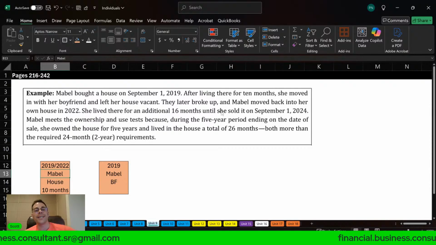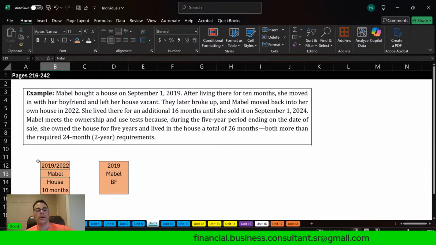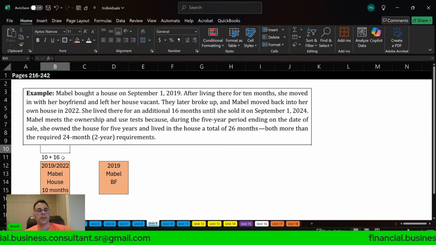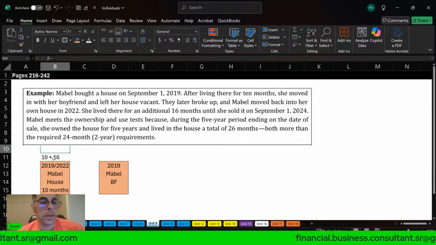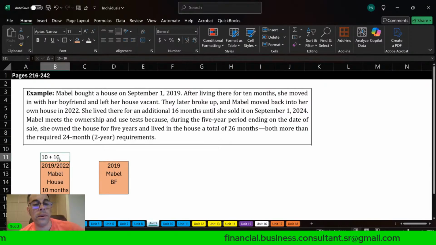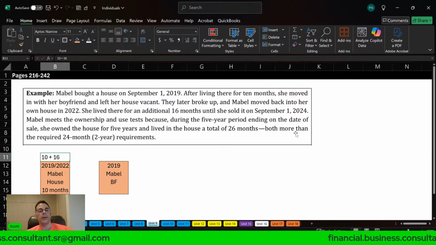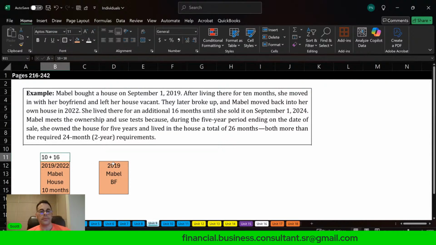She lived there for an additional 16 months until she sold it on September 1st, 2024. So that is good because she did 10 months plus 16 months. So she lived there for at least 2 years, 24 months. And she owned the house for at least 2 of the last 5 years as well, so she can get this tax deduction.